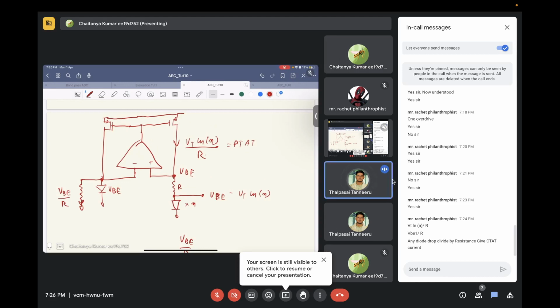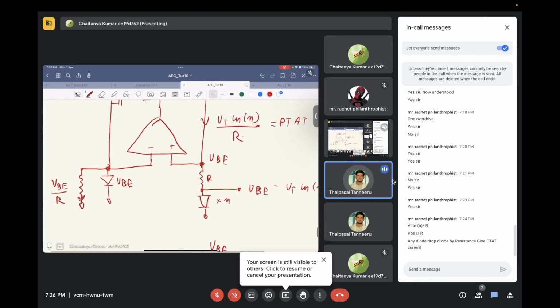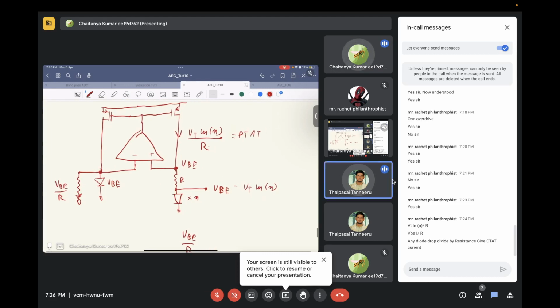Yes, sir. Correct. So if we have VB by R over here, that means this is the CTAT current, and this is your PTAT current.